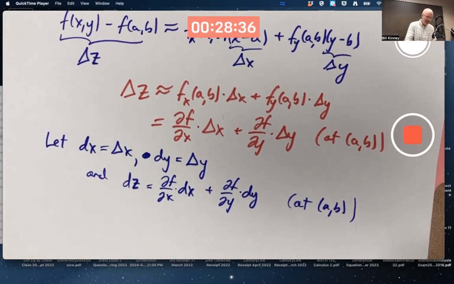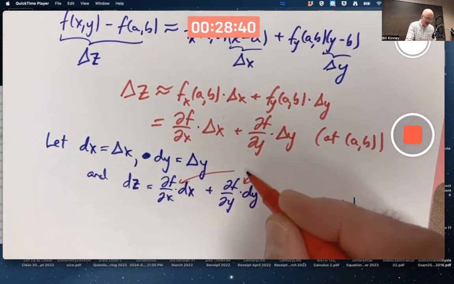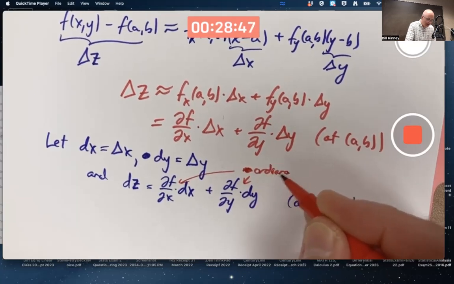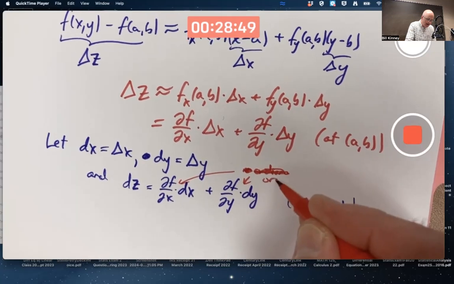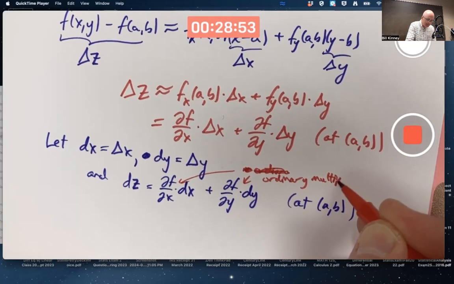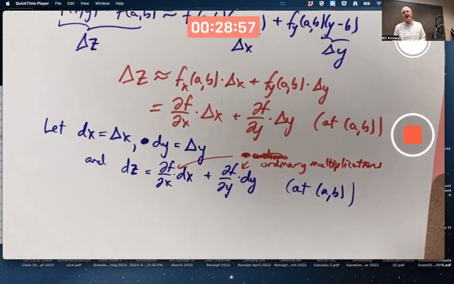You don't have to write the dots in there. Since I already did, I'm going to go ahead and say these are ordinary multiplications of numbers. But I actually could write this as a dot product of two vectors.